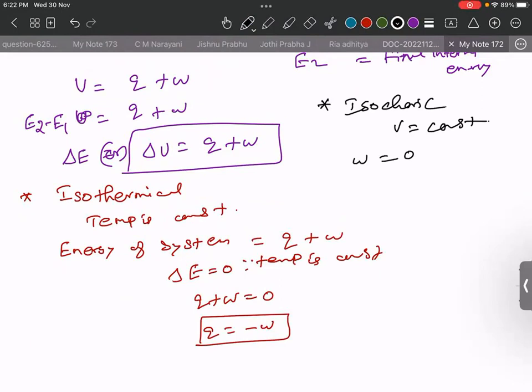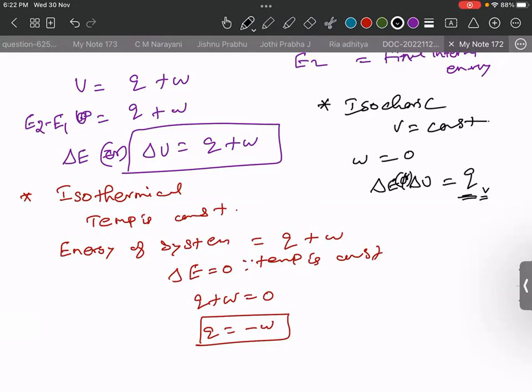You will get delta E or delta U equal to Q, and you put a small v, which indicates volume is constant. So the heat given to the system at constant volume changes the internal energy.